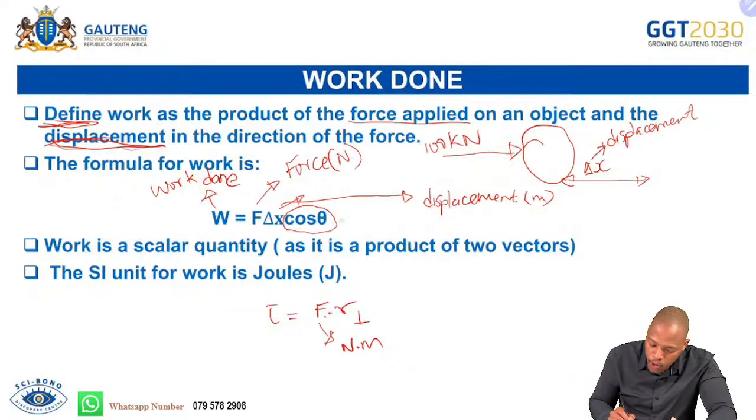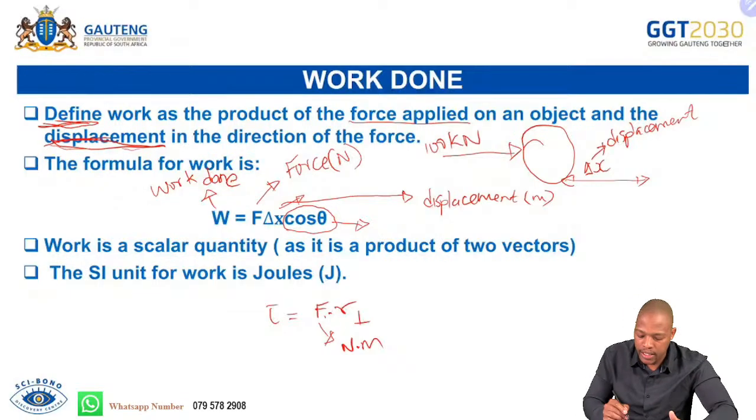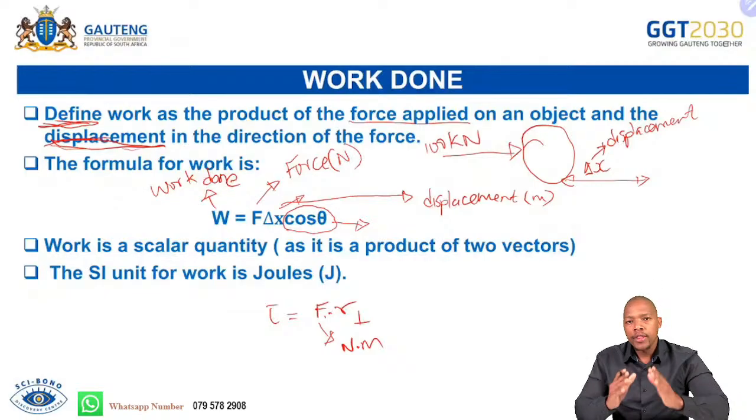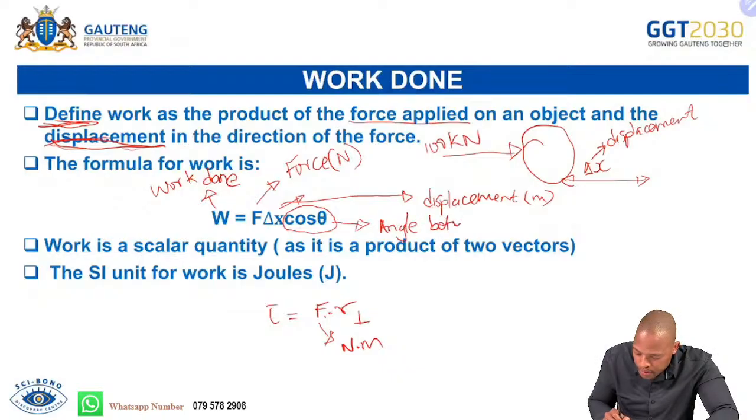To say you have to take into consideration the angle that will be created between the force in question and the displacement. Okay, this theta represents the angle between the force in question, right?